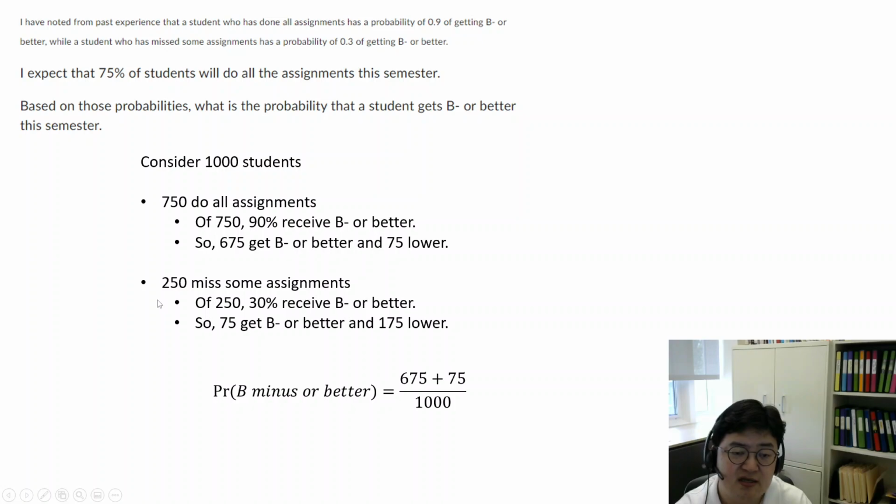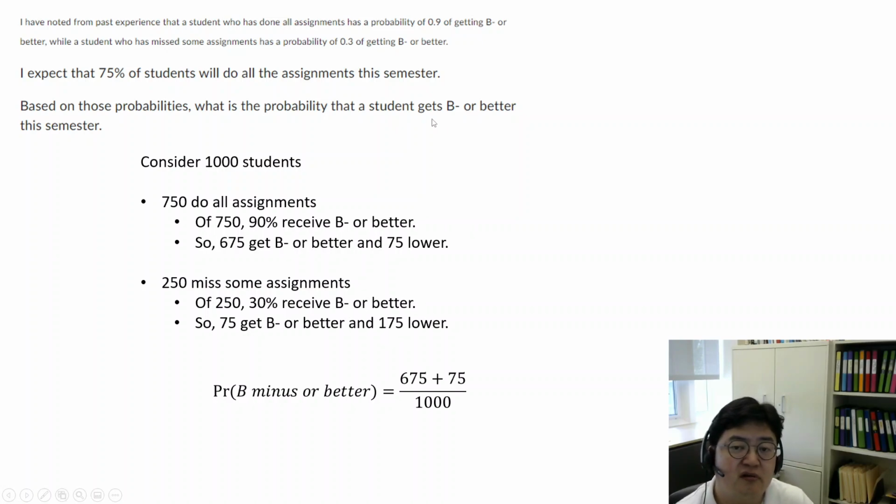On the other side, 250 students miss some quizzes, so as a result, only 30% can get B- or better. So 30% of 250, if you calculate that, it is 75 students. So only 75 students get B- or better after missing some assignments. And the other 175 will get a lower grade.